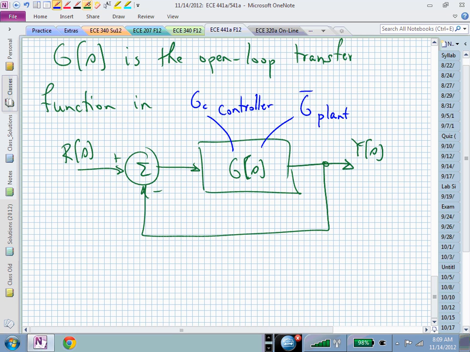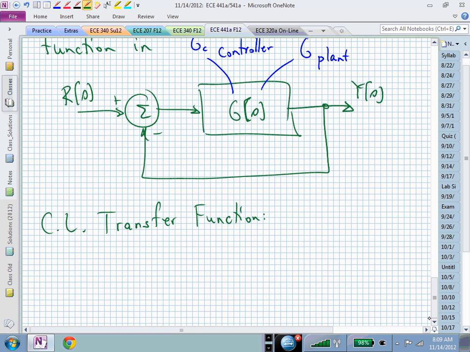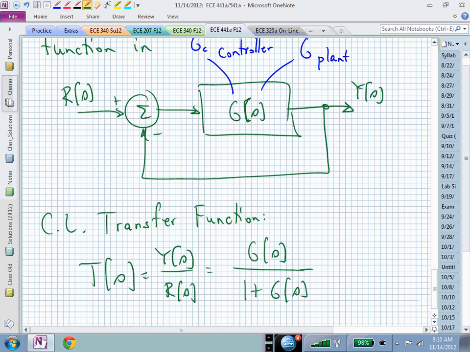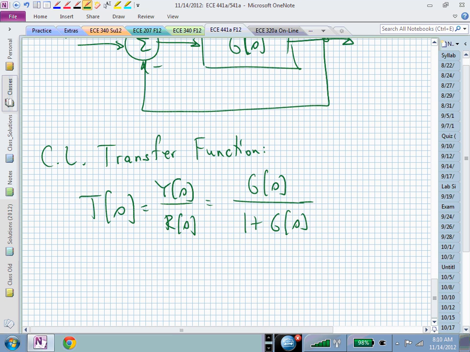Now, the closed loop transfer function, we know from this generic configuration, is given to us by this T, and that's just G of s over 1 plus G of s. But what we want to do is take the Bode plot information, which is the open loop information, and infer closed loop system behavior.